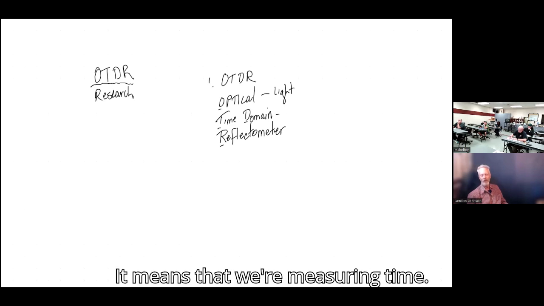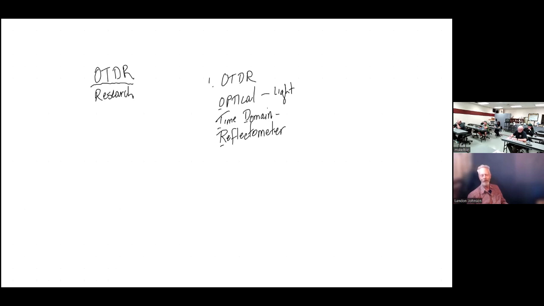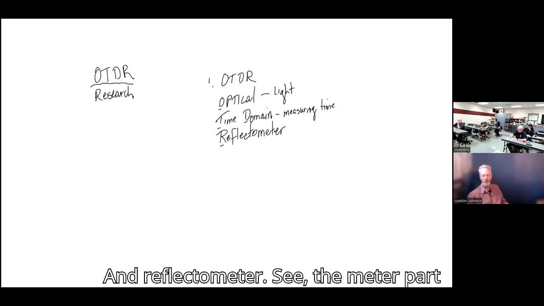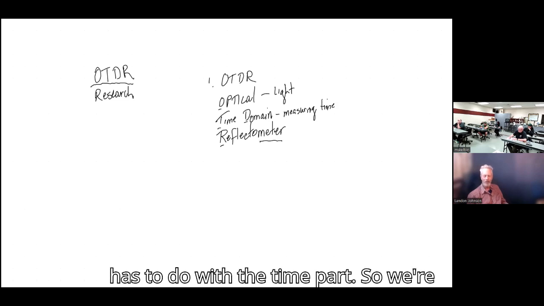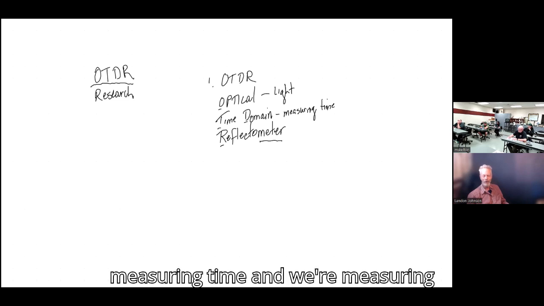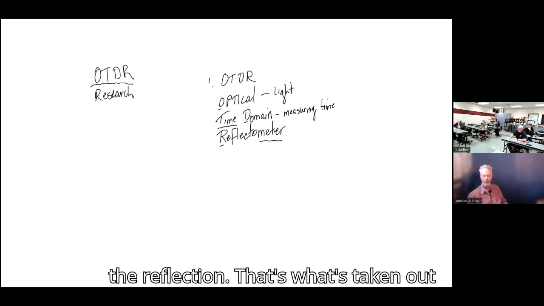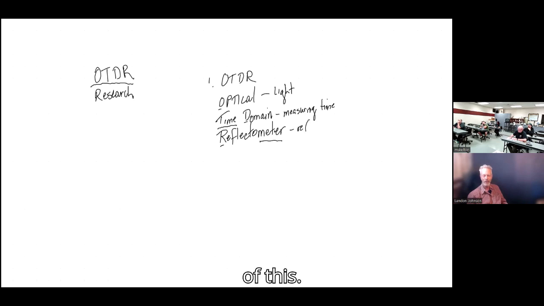It means that we're measuring time. And reflectometer, the meter part has to do with the time part. So we're measuring time and we're measuring the reflection. So let's take light, time, and reflection.